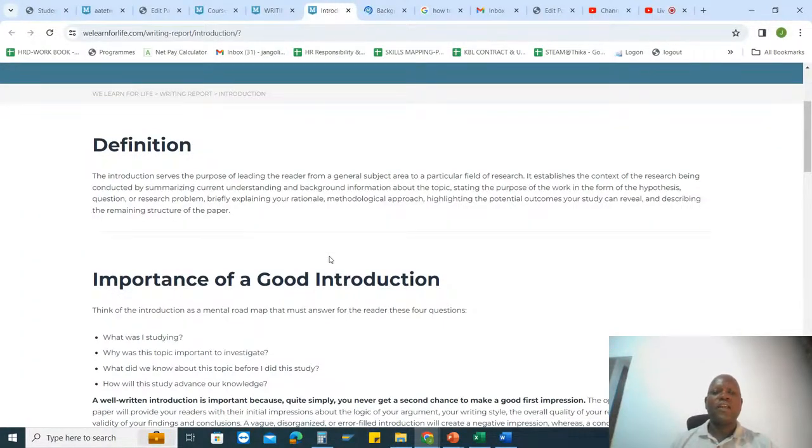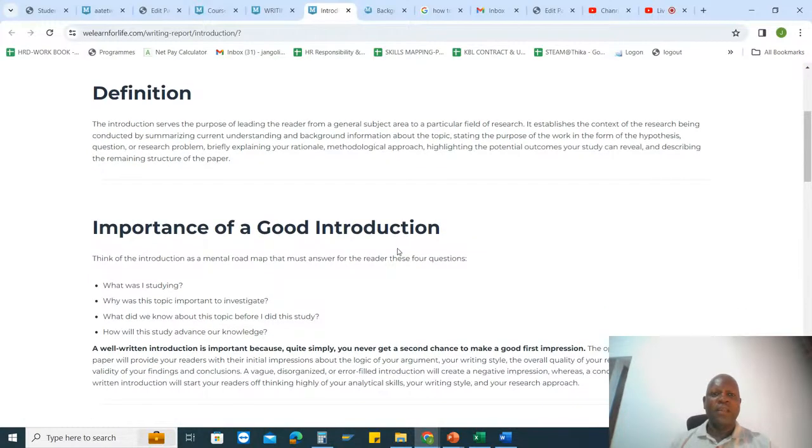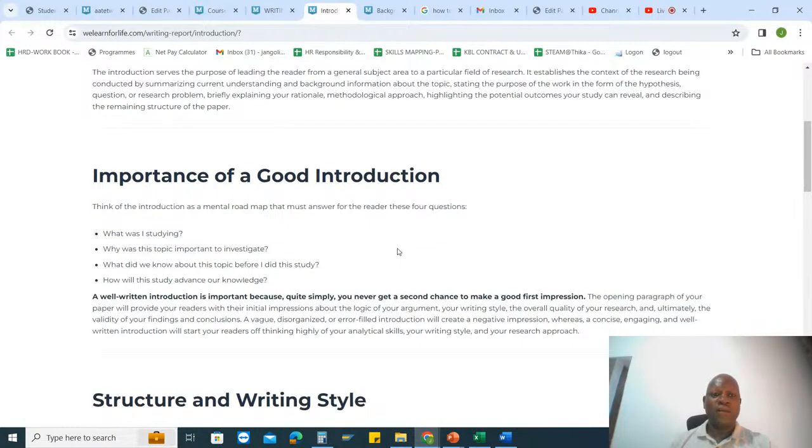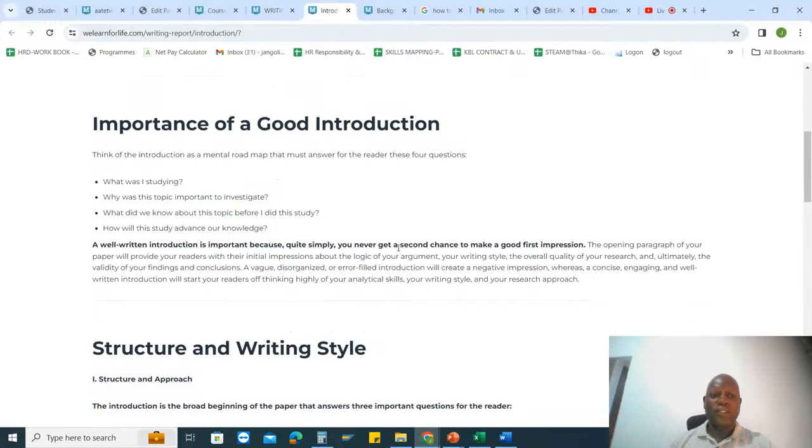For example, if we are doing a field study of a certain area, then you need to have the context. What is the background of the people that you are talking about? We need to state the purpose of the work, and it forms the research question or the hypothesis and also explains the rationale of what we are discussing.